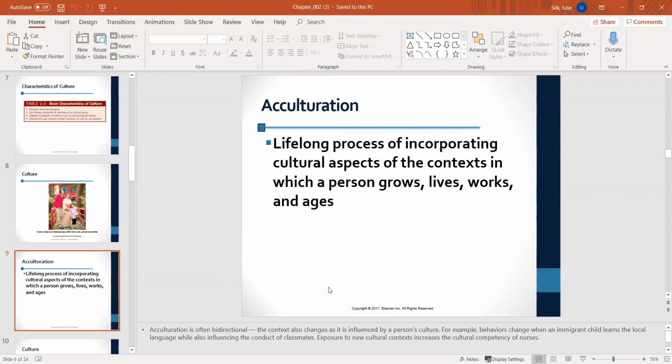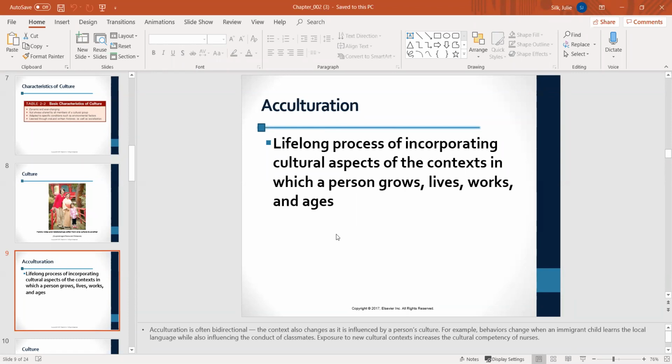So this word, acculturation, means a lifelong process of incorporating cultural aspects of the context in which a person grows, lives, works, and ages. The context also changes as it's influenced by a person's culture. For example, behaviors change when an immigrant child learns the local language, while also influencing the conduct of classmates.